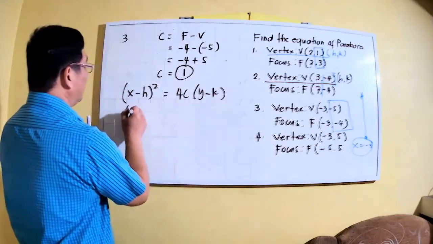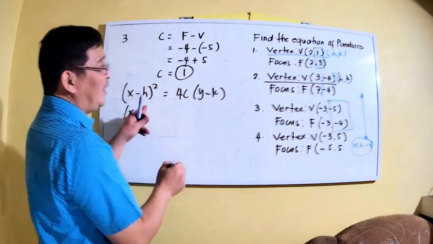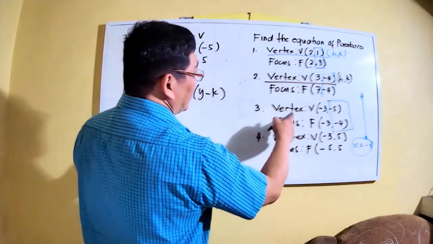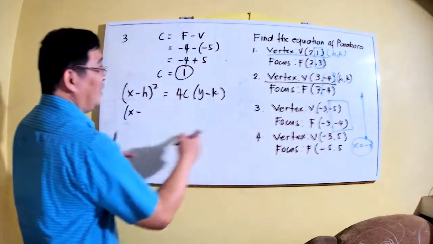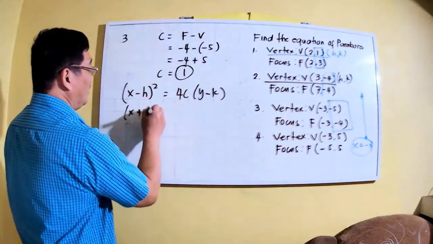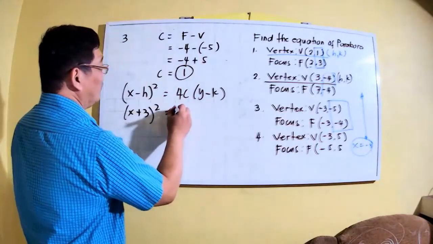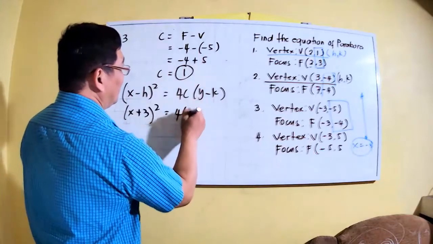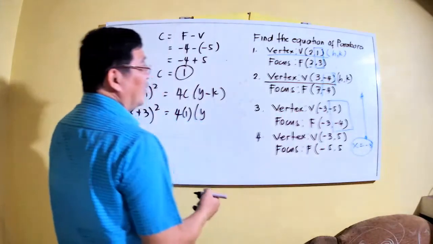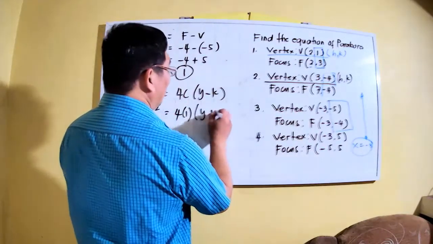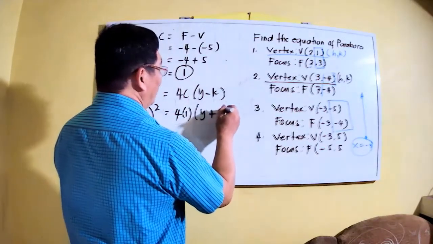We have x minus h. What is h? H is hk. H is negative 3. We have positive 3 squared is equals to 4. C is 1. Y and k is negative 5. That gives you positive 5.